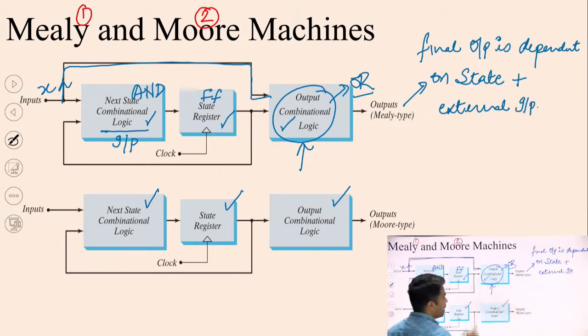But in the case of a Moore circuit, everything else is the same: the next state combination logic, which in our case was an AND gate, and the state register, that means a series of flip-flops.